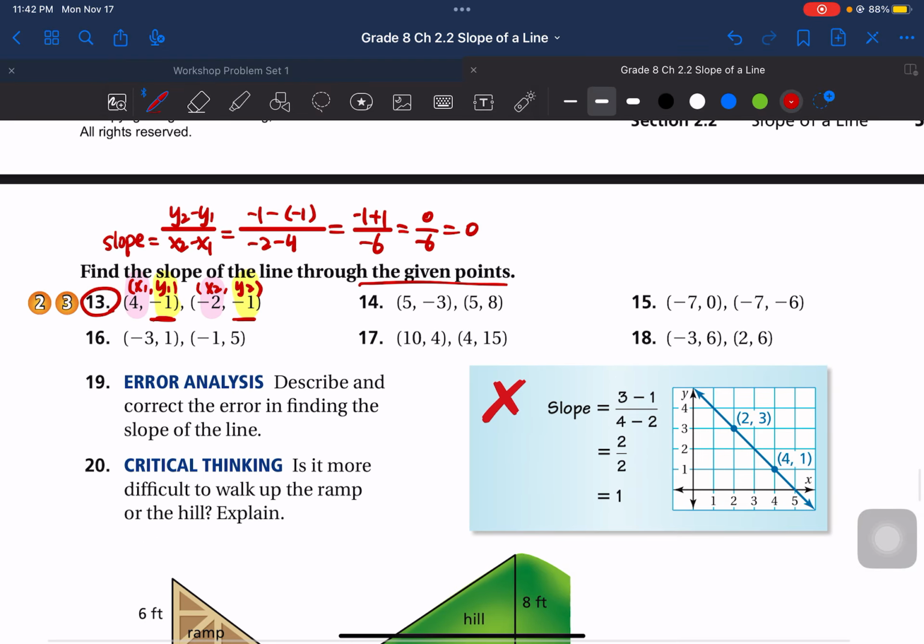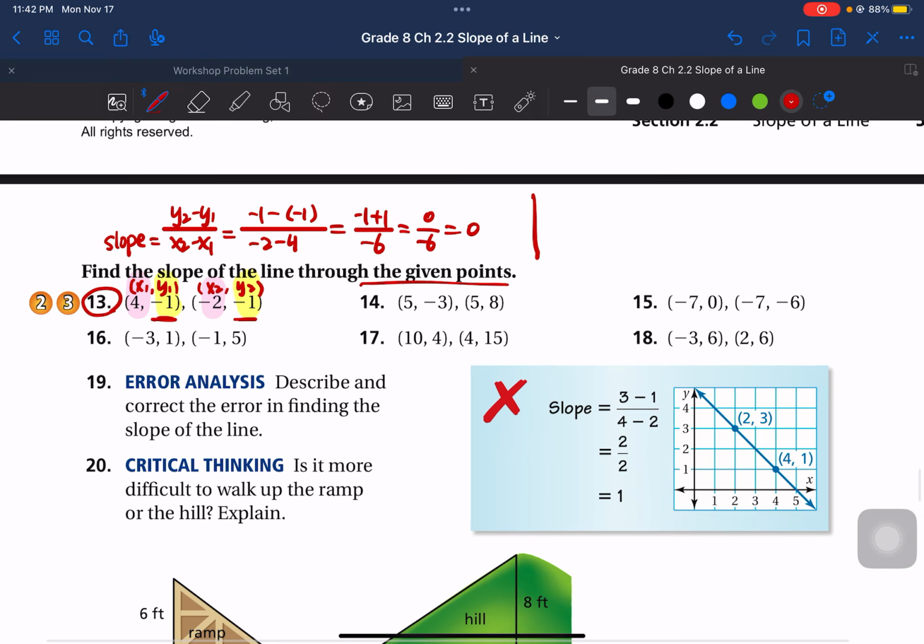If you plot out those 2 points, the first one is 4, negative 1. The second point is negative 2, negative 1. You'll see they're on the same horizontal line. So you can also just graph, and you'll notice since it's a horizontal line, the slope should be 0.